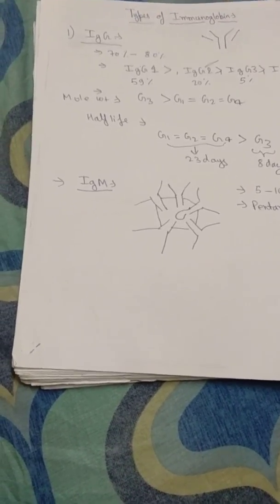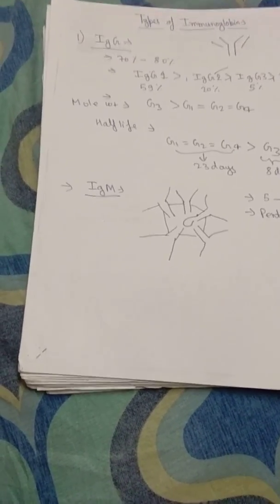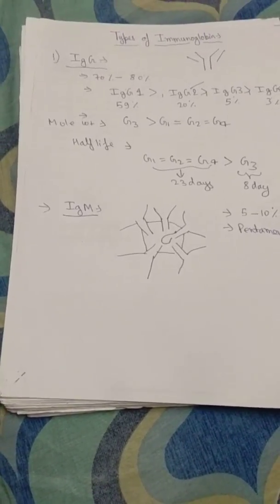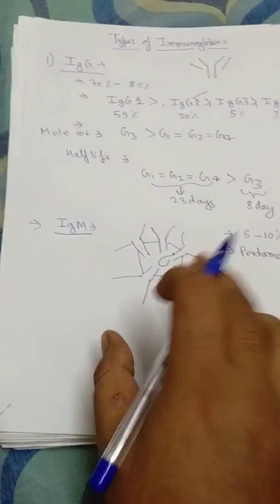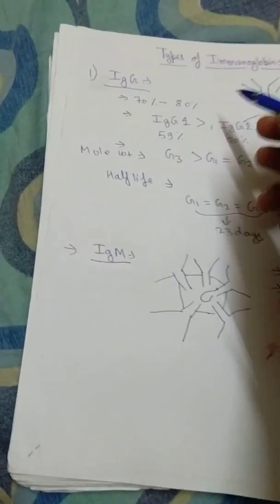They are also the first antibodies to respond against infections and the most effective complement activators. Due to the pentameric structure, there are multiple binding sites in IgM, while in IgG only one binding site is present due to the monomeric structure.